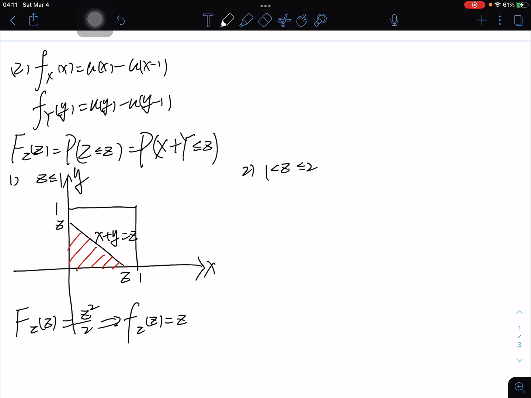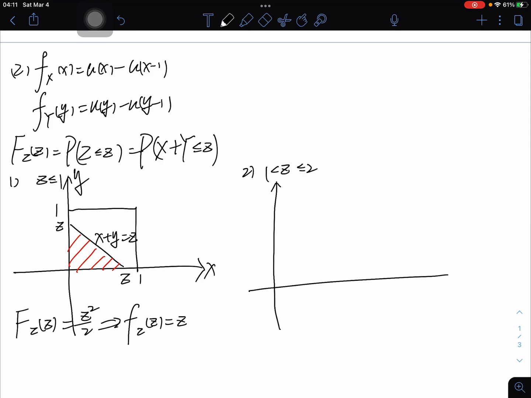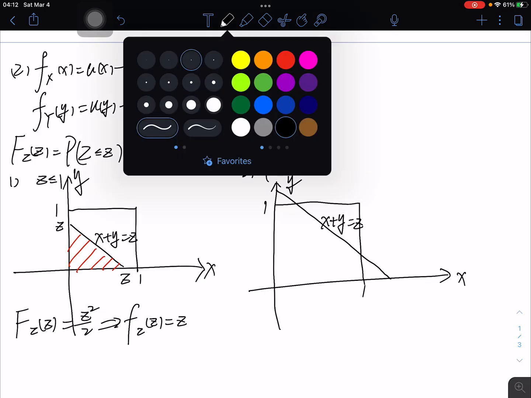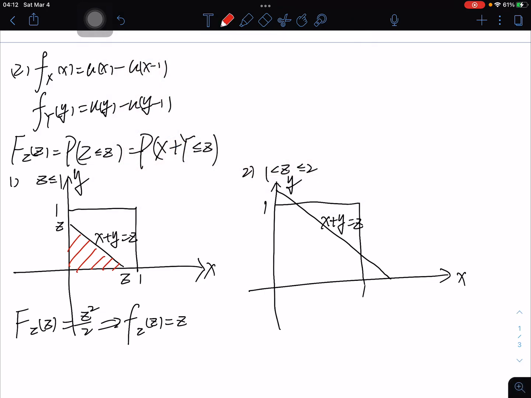So we get the function again, x plus y equals z, right? And this time the range becomes this.